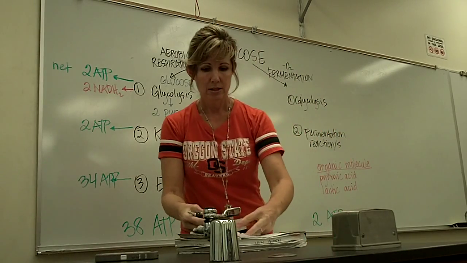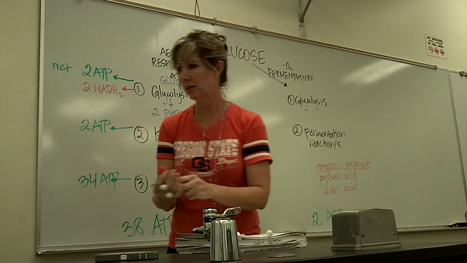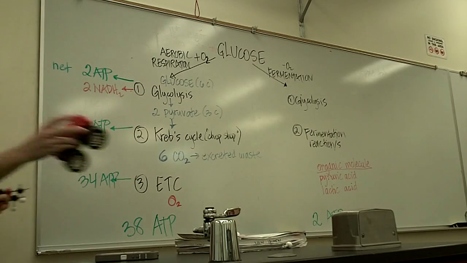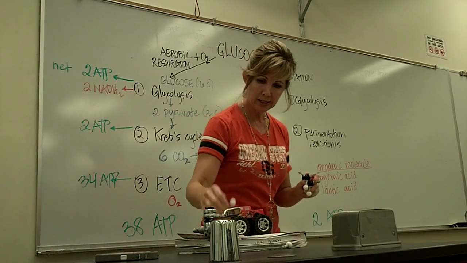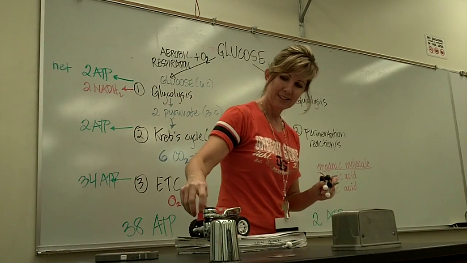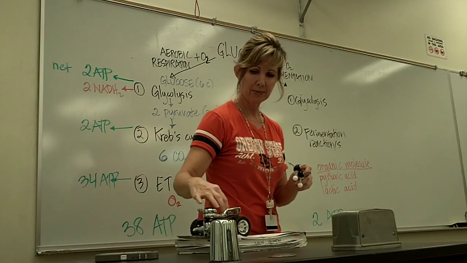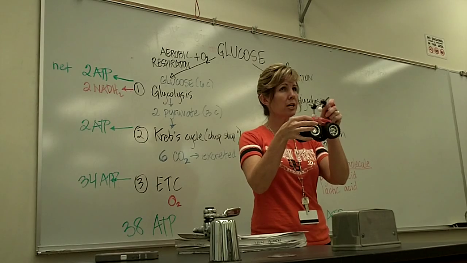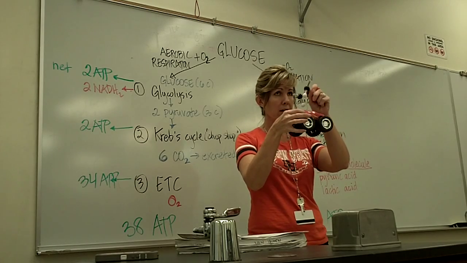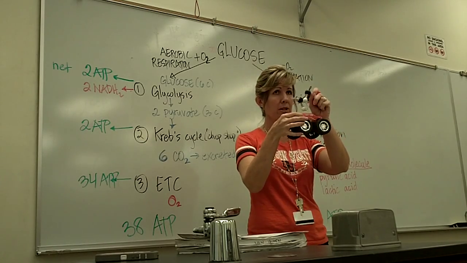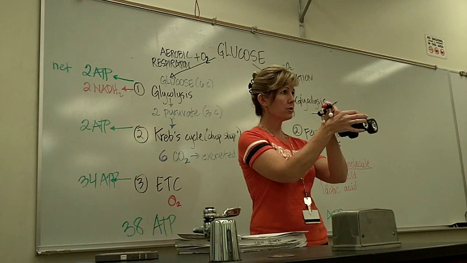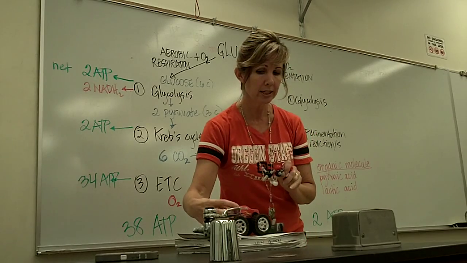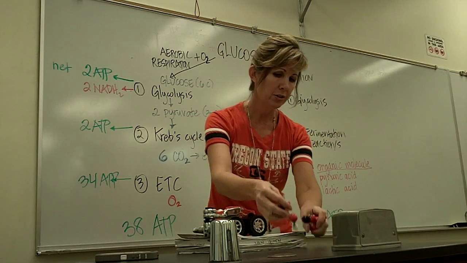Harvest, harvest, and I'll get my little truck up here to contain my hydrogens. So can you see with the Krebs cycle, that chop shop, you're going to tear apart that pyruvic acid molecule, which allows you to harvest a whole bunch of H, put those on your electron carriers or your hydrogen carriers.